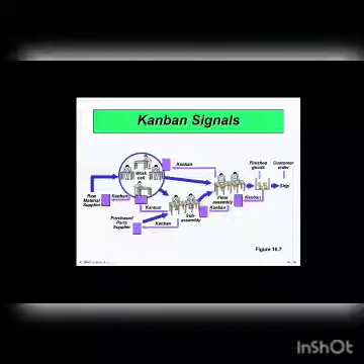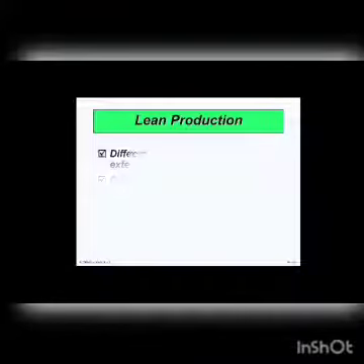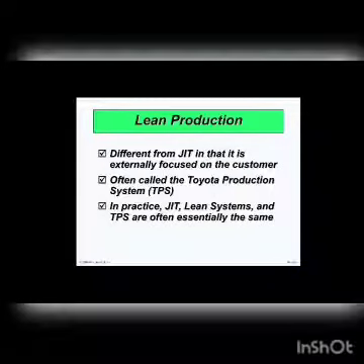Kanban signals need to be communicated between the departments in order to keep the inventory low, to reduce the waste, to produce in time. Kanban signal is an important concept in just-in-time production.